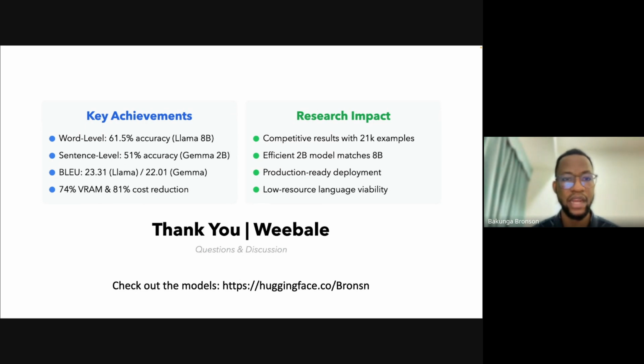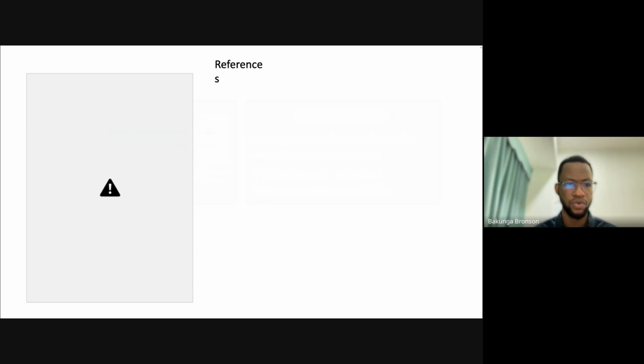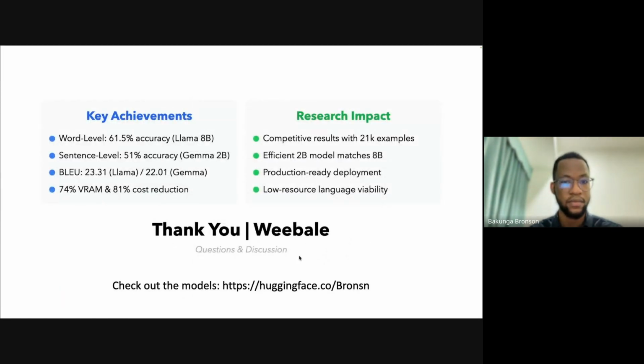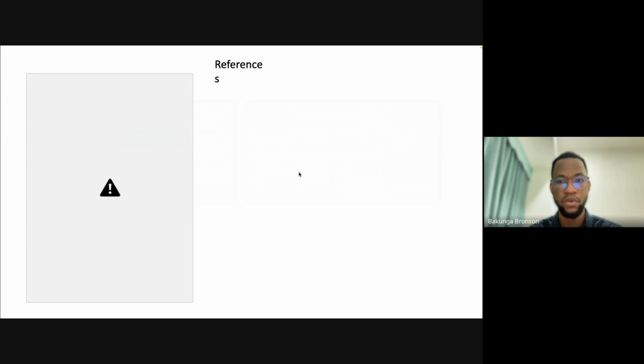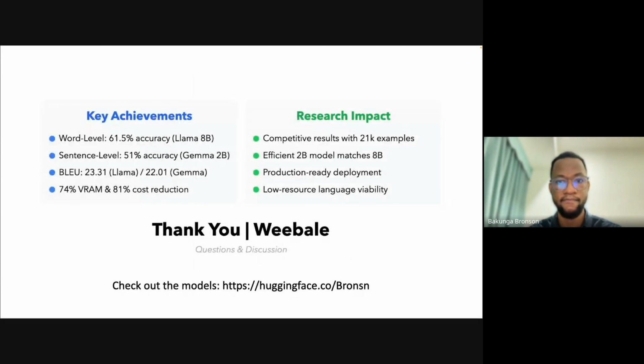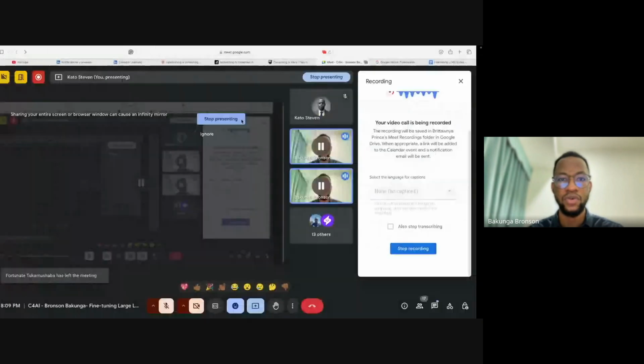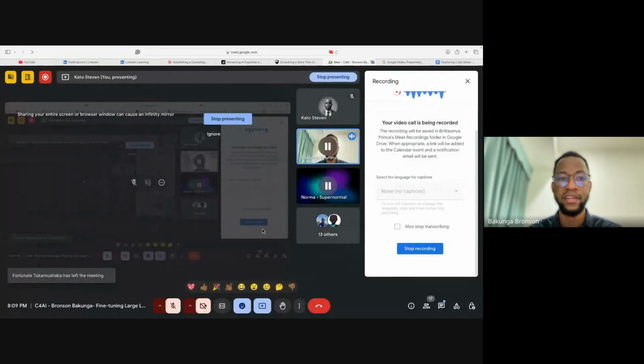On the next slide, I do have some references to some of the work. I have to, oh no, maybe it was an issue with uploading. I have to give credit, of course, to the Sunbird AI team. They do publish a lot of their research in terms of the notebooks, and a lot of the different things that we are pretty much building on here have already been built on by different people.